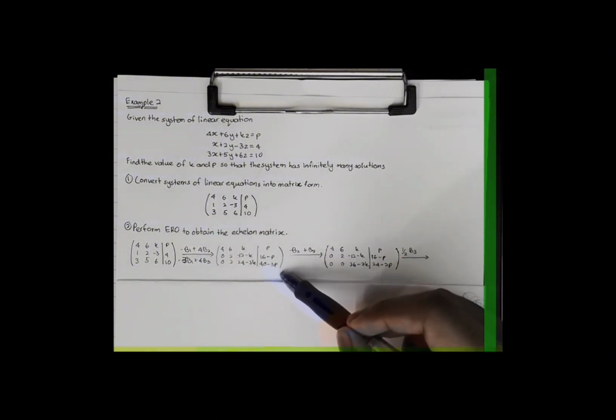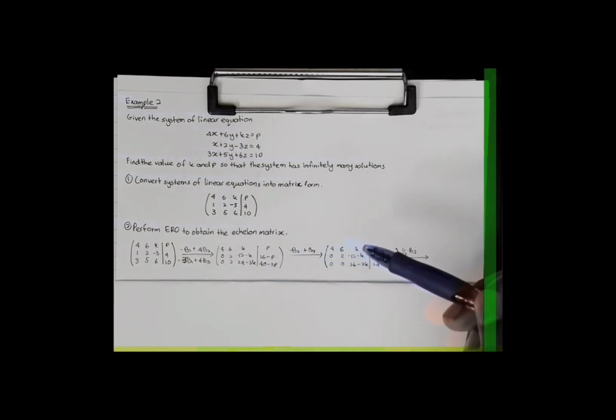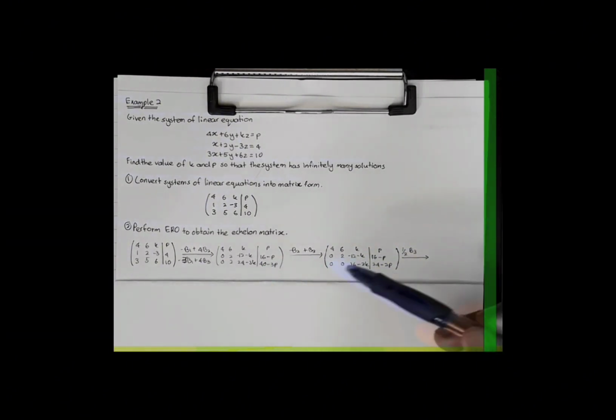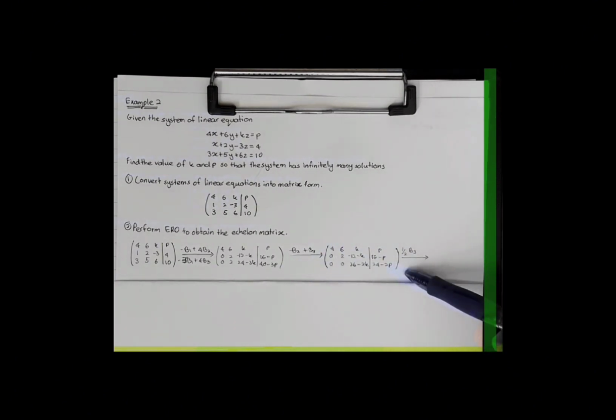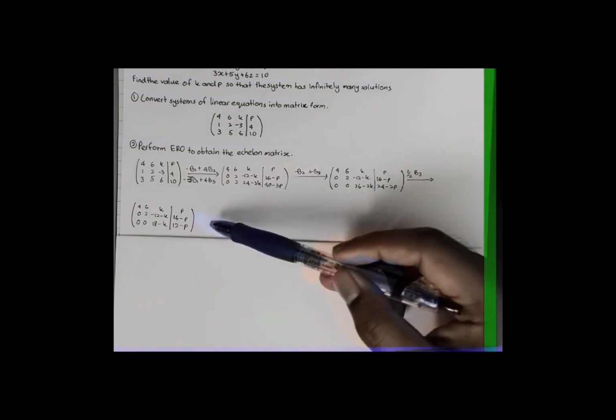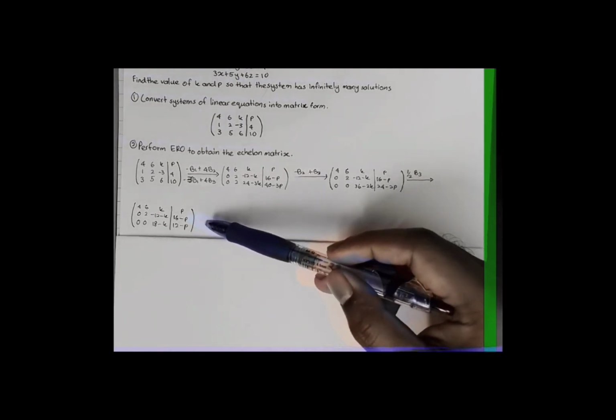After we have gotten this, we will do negative R2 plus R3. Once we have done that, we will obtain this matrix form. Once we have obtained this, to get the echelon matrix, we will do 1/2 times R3. And once we have performed that, we will get this matrix form.